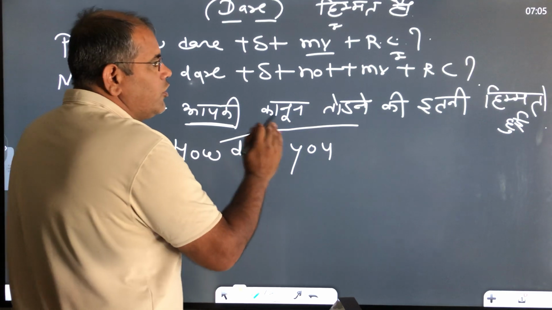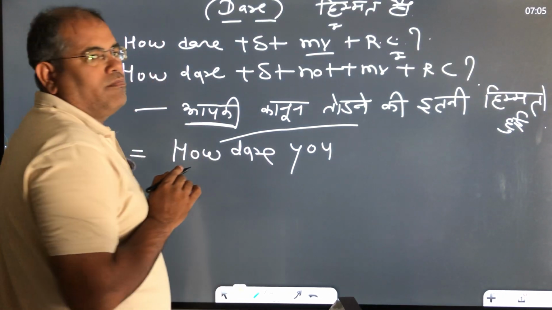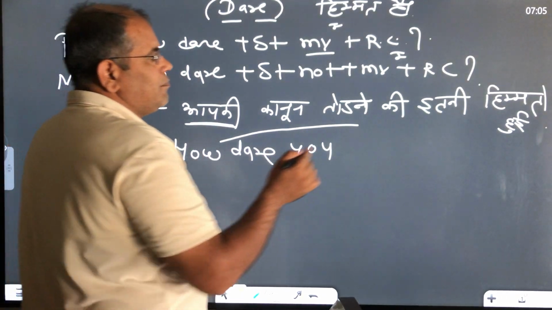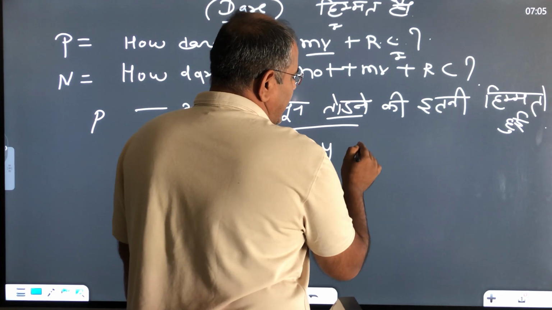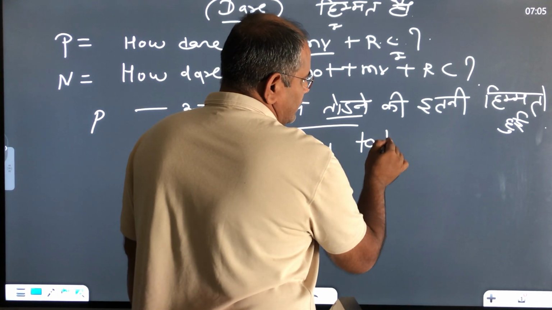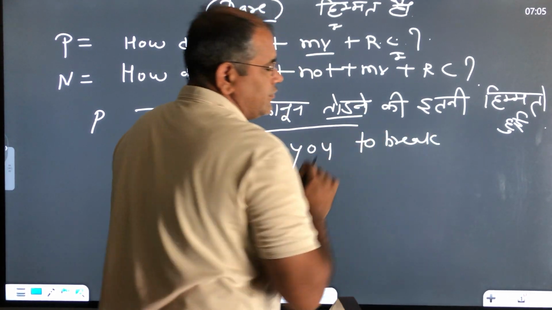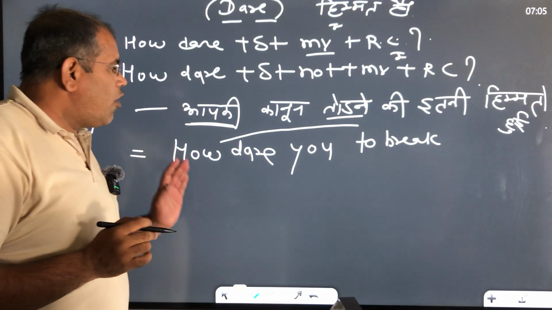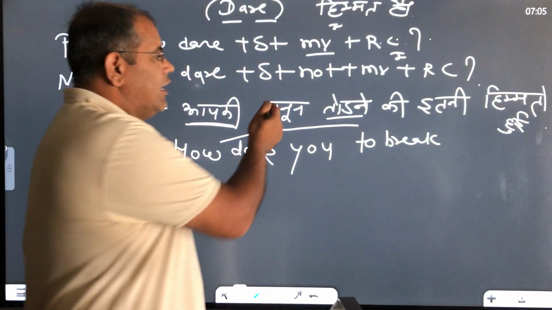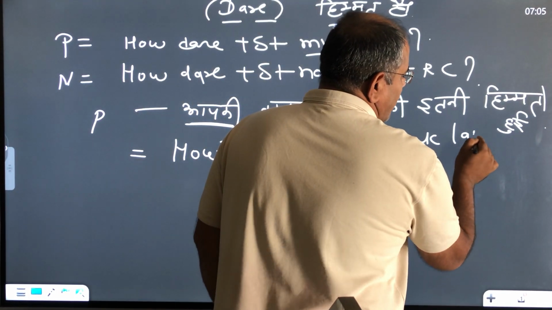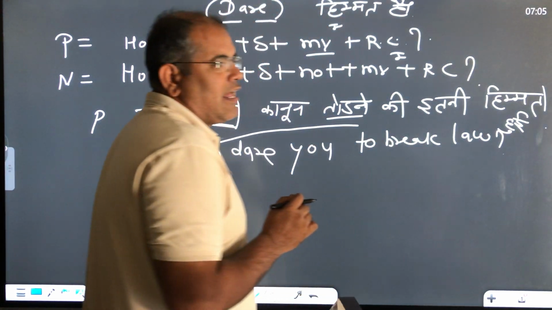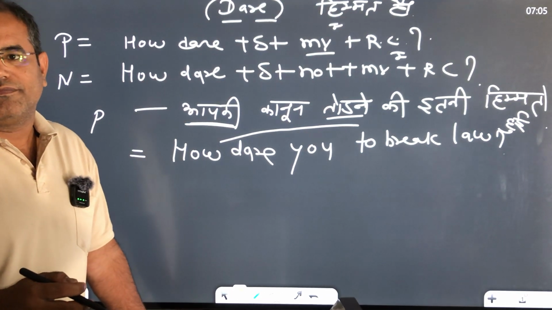So how dare you, then we have to use MB's first form. Am I clear? It means तोड़ना, like to break. How dare you to break law? Kanun means law. Is that clear? And at the last, we have to use the symbol of interrogation.